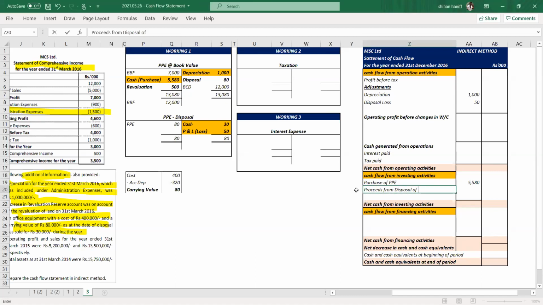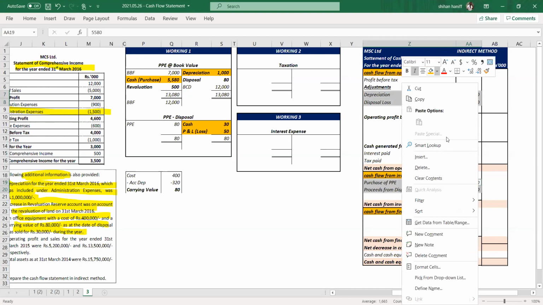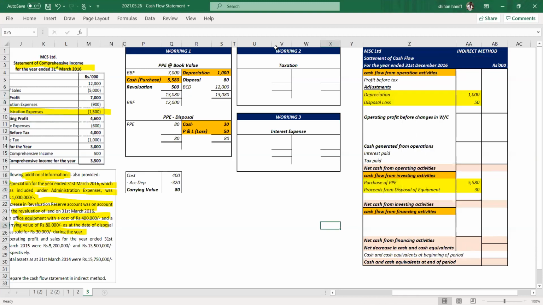So I must explain proceeds from disposal of equipment. How much did we receive? We received 30,000. So these are the 4 transactions related to PPE.